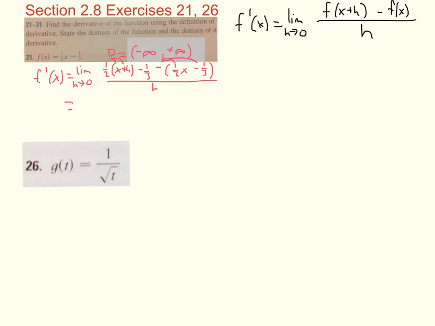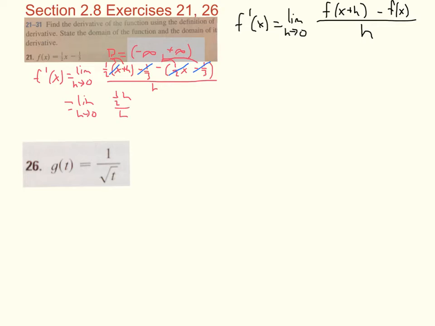And so our 1/2 x is going to cancel with the 1/2 x, and the 1/3 is going to cancel with the 1/3. All we have left is the limit as h approaches 0 of 1/2 h over h.